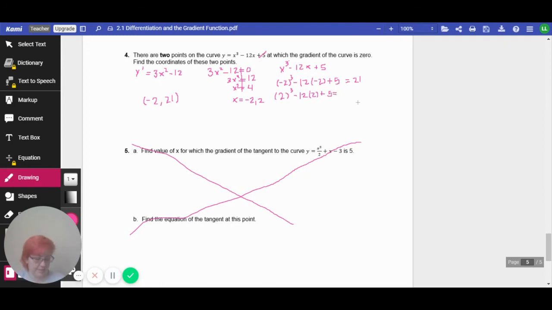All right, 2 cubed minus 12 times 2 plus 5. I get negative 11. So then my final point is 2, negative 11.